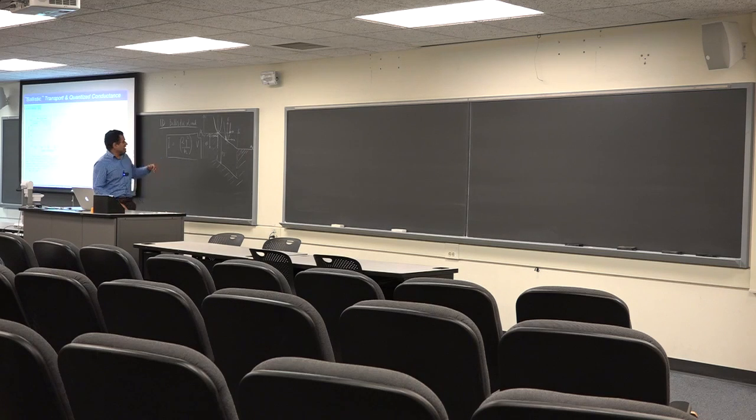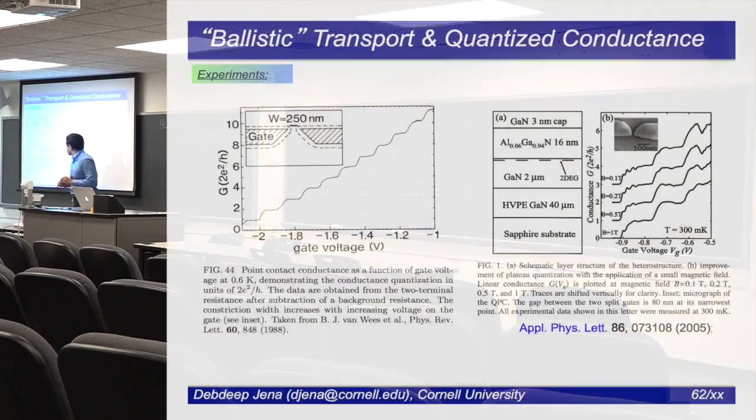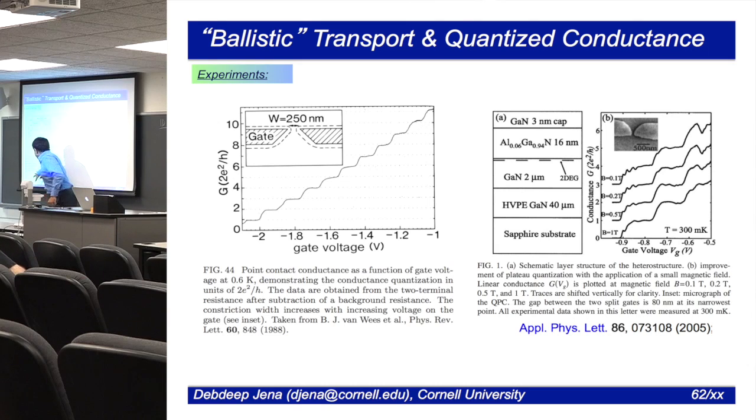Well, okay. If not, let me just say that this result that we came up with, the quantum of conductance, you can turn it upside down. The experiment, by the way, which was done in 1988, showed that indeed you get 2q squared by h, or 2e squared by h, conductance, but in steps.